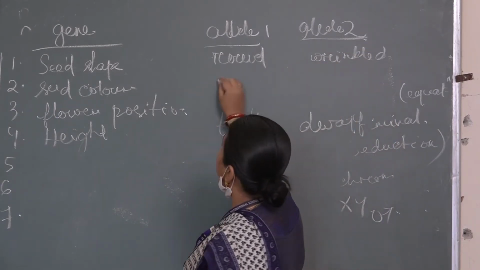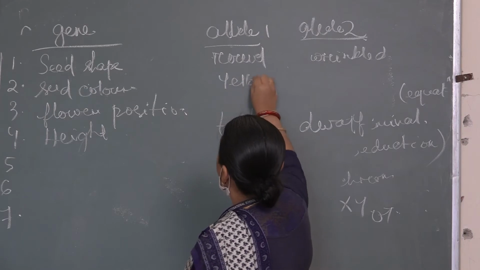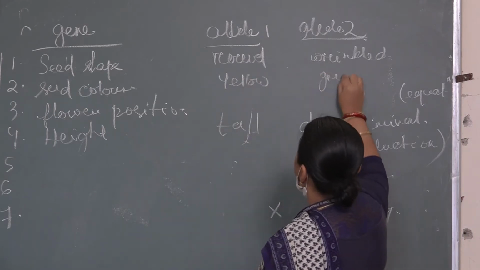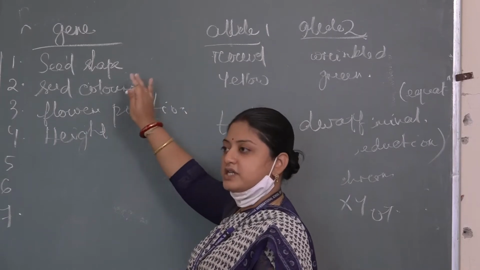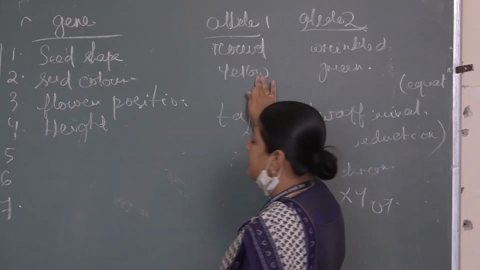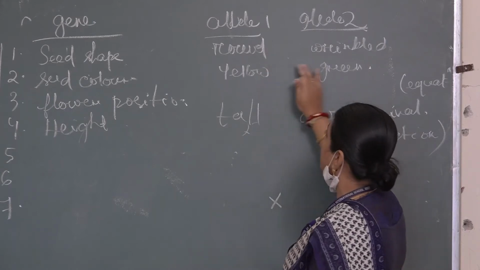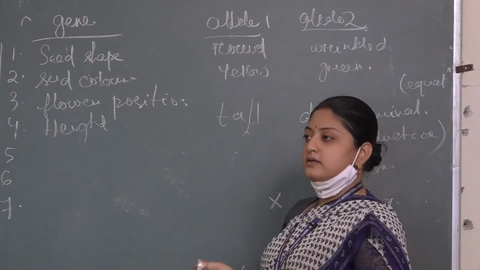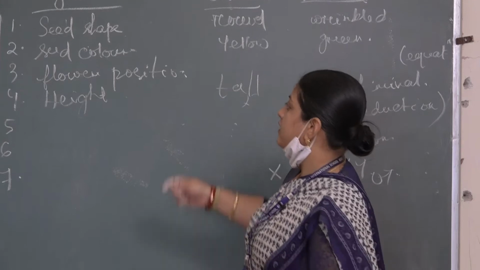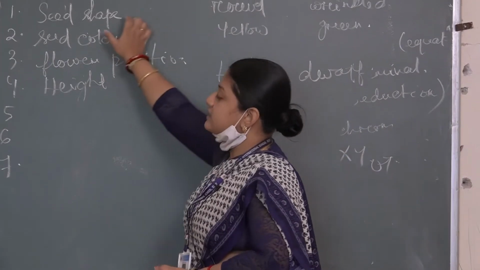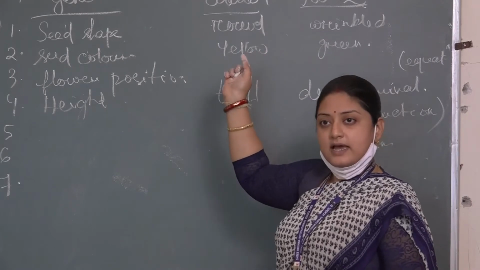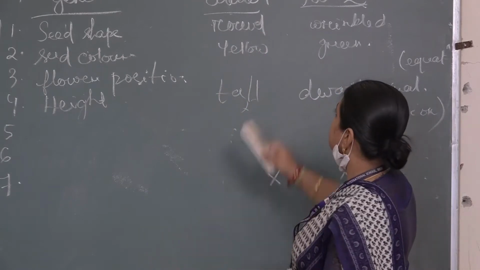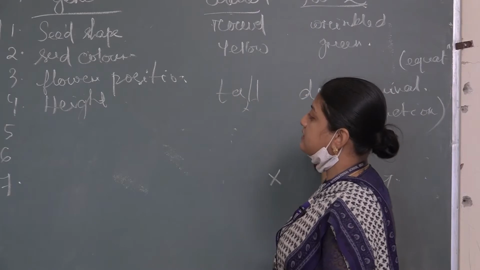Seed color can be yellow or green. So seed color is the gene of the plant, whereas yellow or green are the alleles of the plant. The alternate forms of a gene are known as alleles. So these are the alleles and these are the genes.